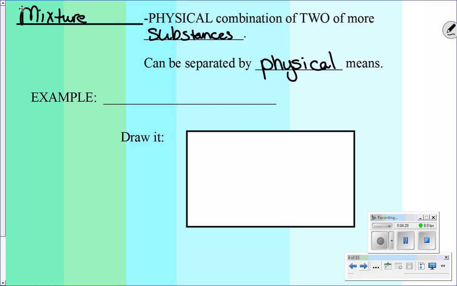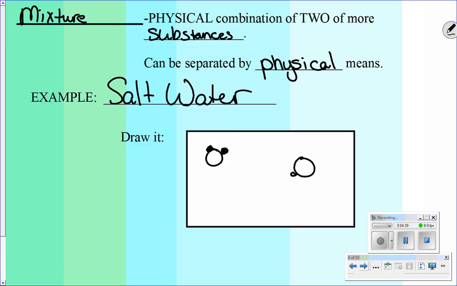A great example of a mixture is salt water. So we drew some water on the other page. If we had some other particles dissolved in here, maybe some little salt ions, we'll work on drawing these later in the year. They actually kind of attach themselves to the water a little bit.